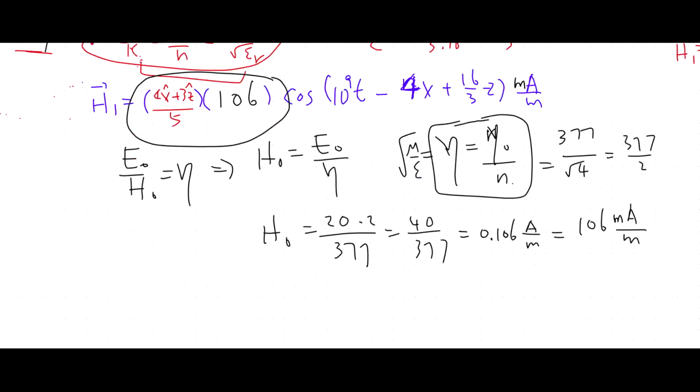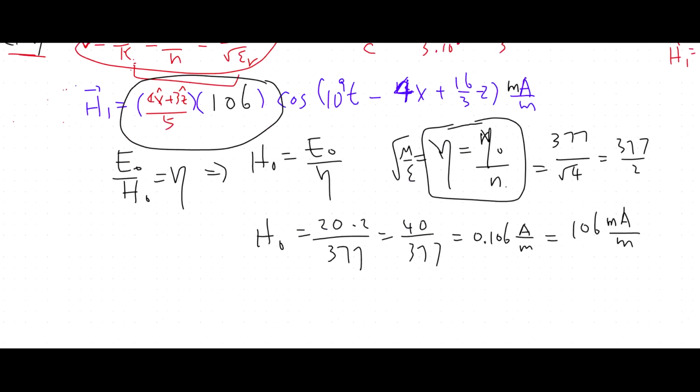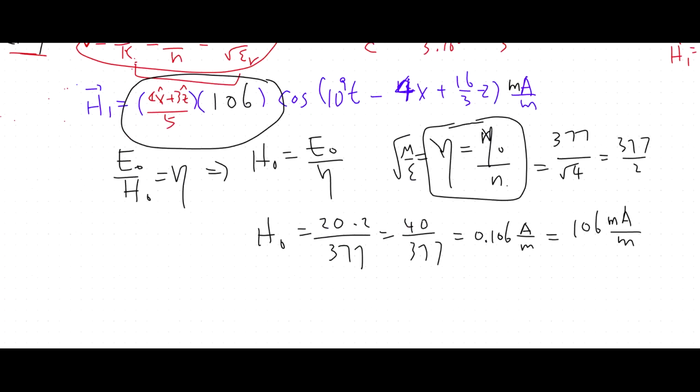So now what's left? I know H1, I have to find H2. What is H2? Well, because I have to have H1, H2, or E1, E2 to make a circular polarization. I only find one. I need to have two terms. So how do I find H2?